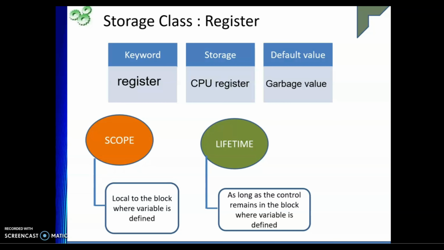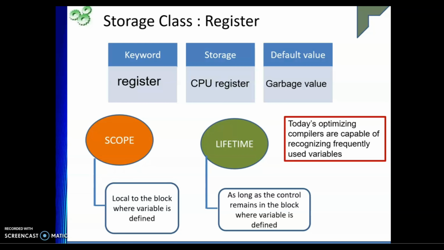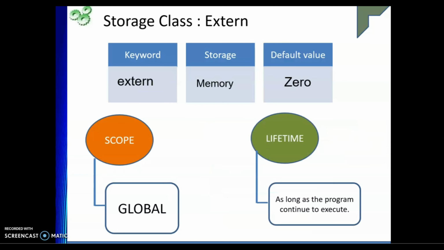Their scope and lifetime are the same as those of auto, but today's compilers can optimize and understand which variables are frequently used, and put them into a register themselves. Register means you are just requesting the compiler. Extern, you can declare a variable extern. The initial value will be 0, it will be global, and it will continue to exist as long as the program executes.